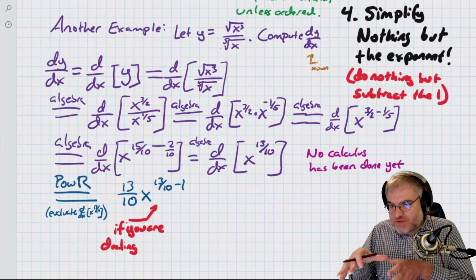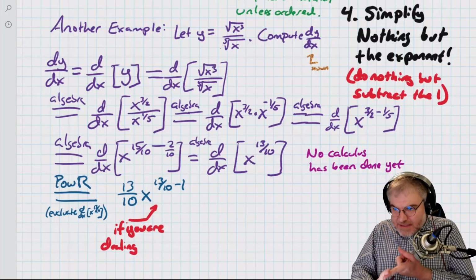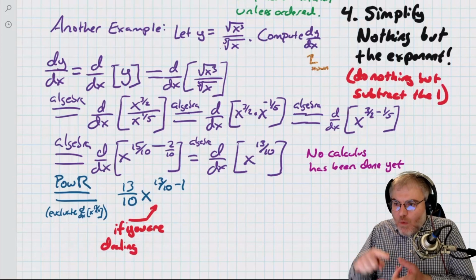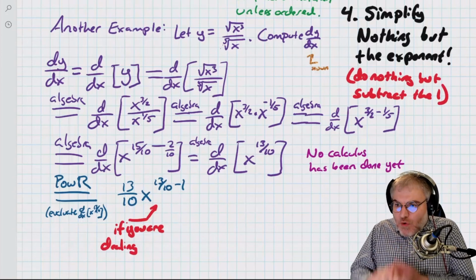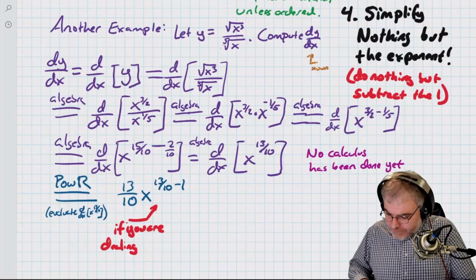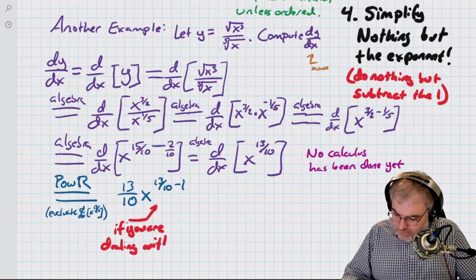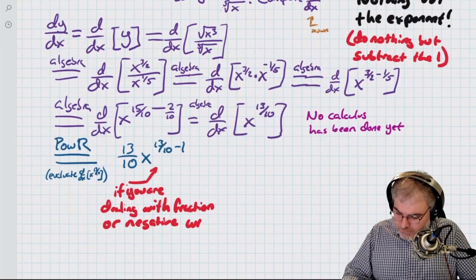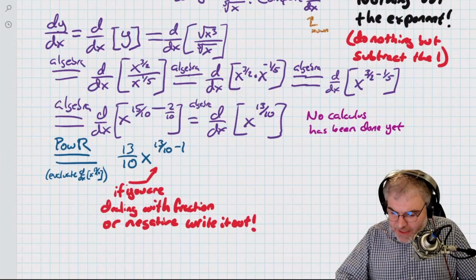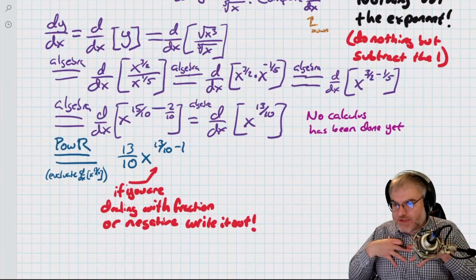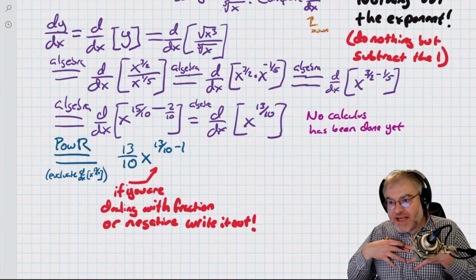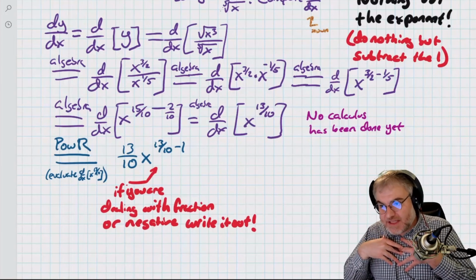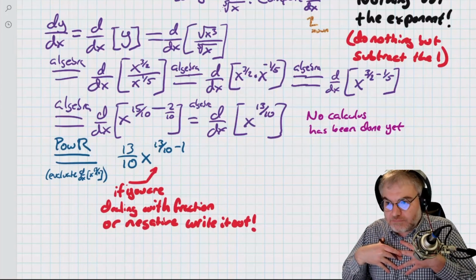If I'm dealing with a fraction or a negative, I'm going to write it out. That's my personal preference. I don't care if it's x to the negative 1. I don't want to trust myself to remember that when I take the power rule it should become x to the negative 2. I write it out.